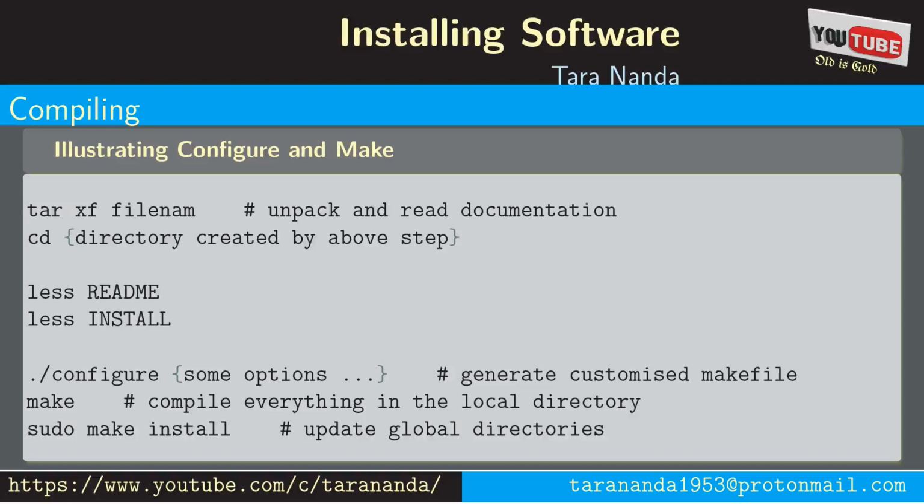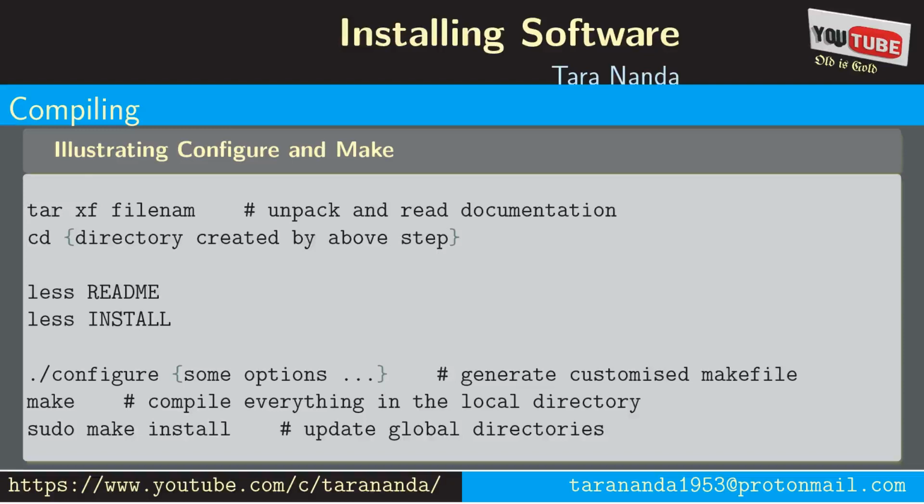And the final step is you do sudo make install. Sudo is a command to get the privilege of the system administrator or the super user as they call it. Because on a general system, there are certain directories which should not be touched by the normal user.